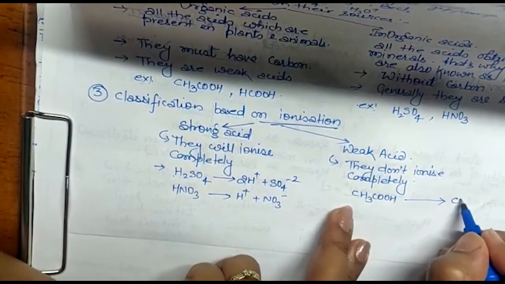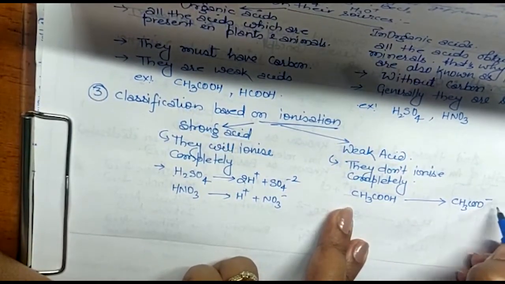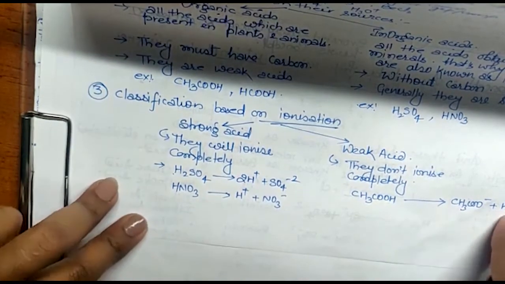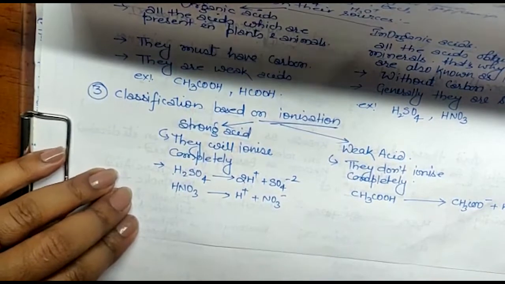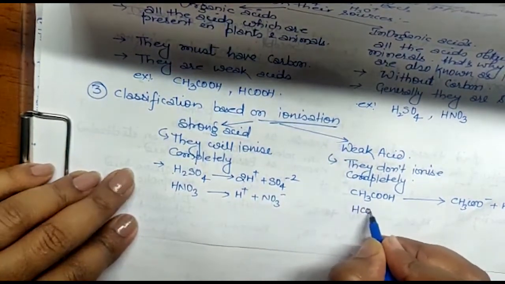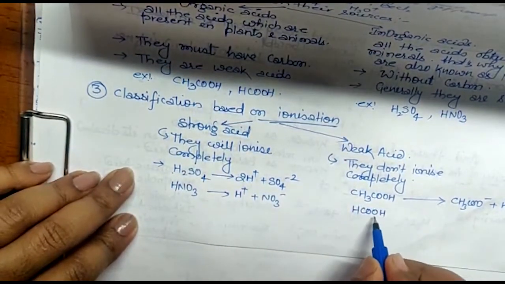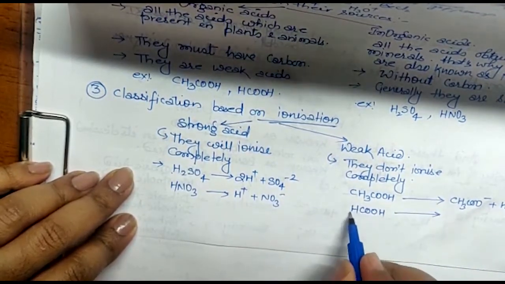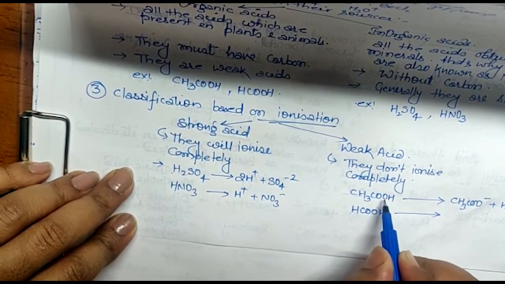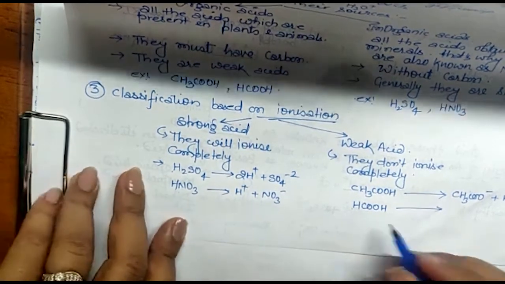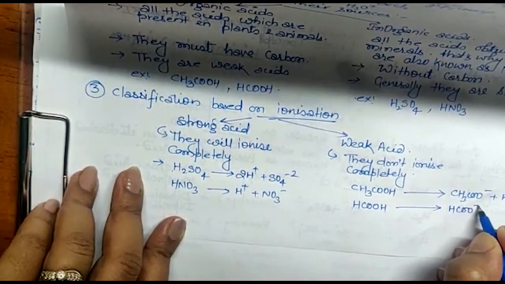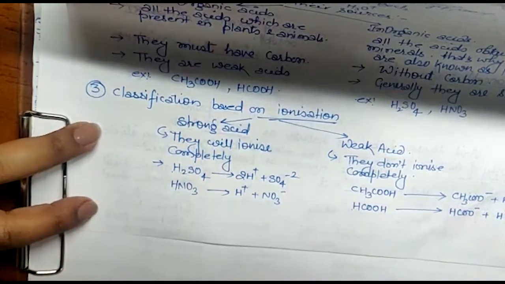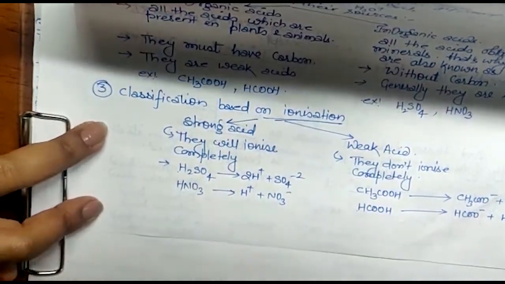It ionizes in this form, CH3COO minus plus H plus. So although it has 4 hydrogens, it gives only 1, which means it is not completely ionized. Like HCOOH, the hydrogen attached to the oxygen will come out. Be careful, not this one. The one attached to the oxygen will come out, so it forms HCOO minus and H plus. Clear? So on this basis we can say strong acid and weak acid.